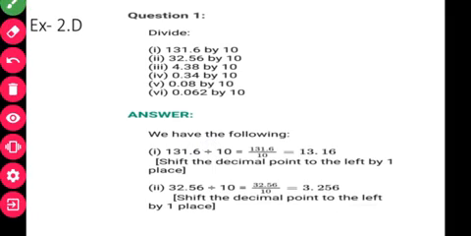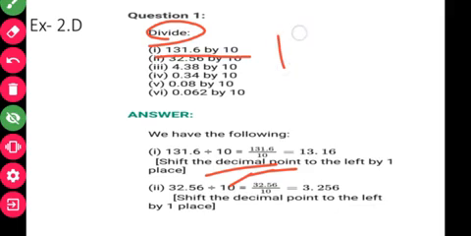Now exercise 2D. So first question is given, divide 131.6 by 10. So we have discussed when a decimal is divided by 10, 100, 1000, then the decimal will be shifted to the left side by as many places as there are 0s after 1. Okay, so here 131.6 is divided by 10.